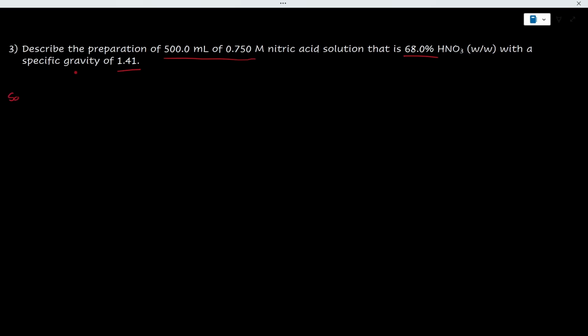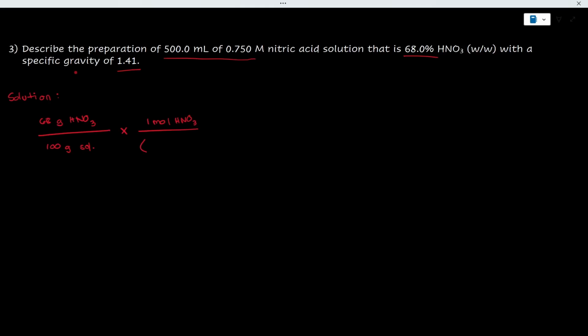As usual, let's start with solving the initial concentration. We have 68% nitric acid mass percent, so it is 68 grams HNO3 over 100 grams of the solution. Then let's use the molar mass of HNO3. This time the molar mass is not given, so let us solve it ourselves.